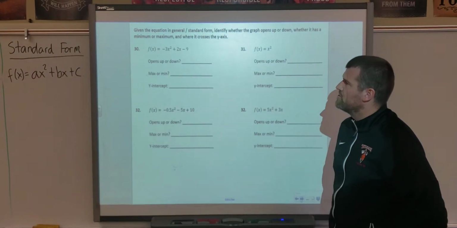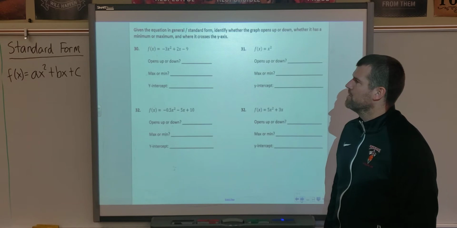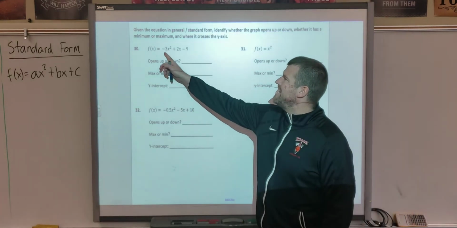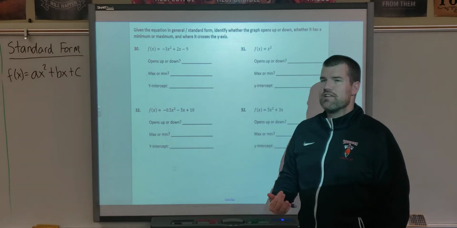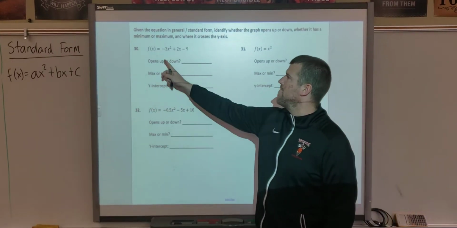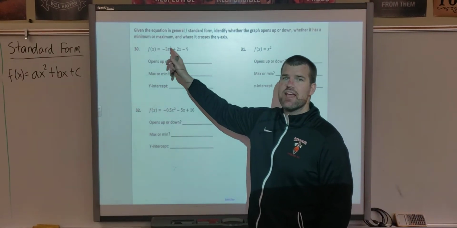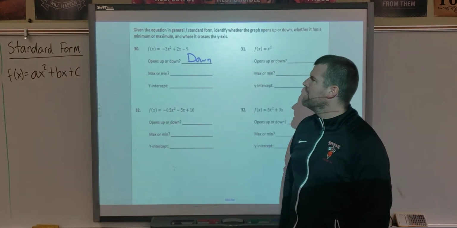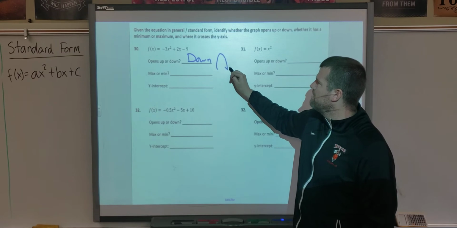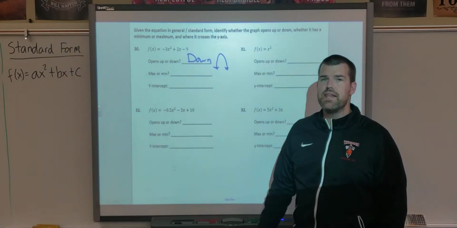All right. So hopefully you can read these. I'll say them as we go just so we can make sure we know what we're looking at. This one is negative 3x squared plus 2x minus 9. And the question is, does it open up or down? Well, our a is negative 3. So if our a is negative, this graph opens down. If the graph opens down, does it have a maximum or a minimum?